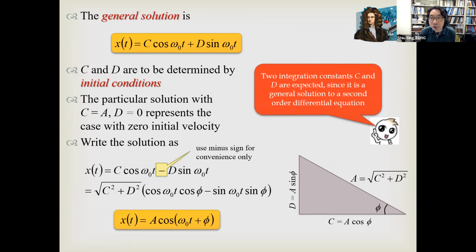But before telling you how to insert the initial condition into the formula, we first change this form of the formula into another expression, which is also a general solution. These two solutions are in fact equivalent to each other.